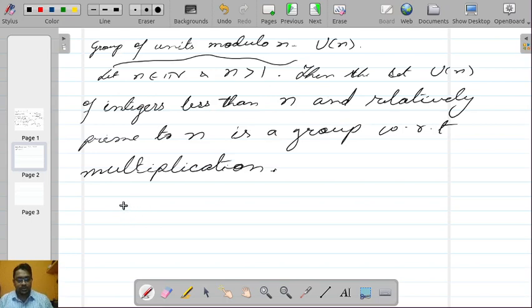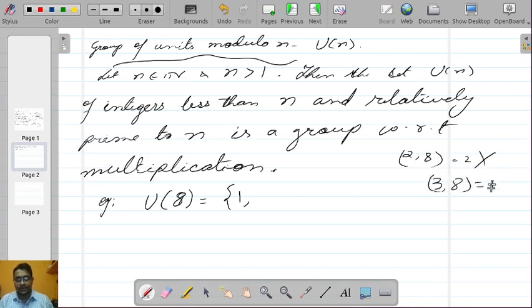Say for example, I write something like U_10, or U_8. What is U_8? U_8 is the set of all integers which are less than 8 and relatively prime to 8. 1 is relatively prime to 8 because the common factor between 1 and 8 is 1 only. 2 is not relatively prime to 8, the GCD of 2 and 8 is 2. 3, GCD of 3 and 8 is 1, so it's relatively prime.